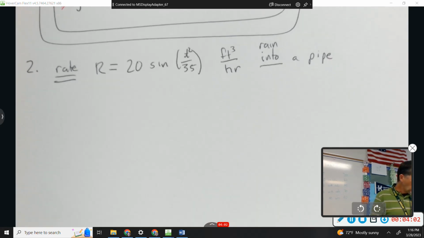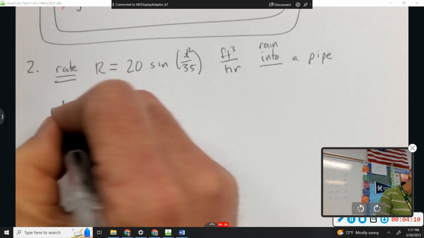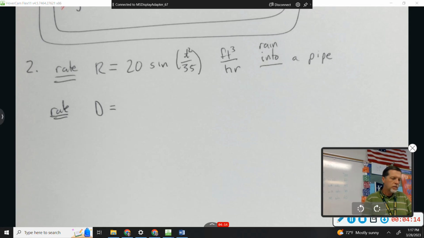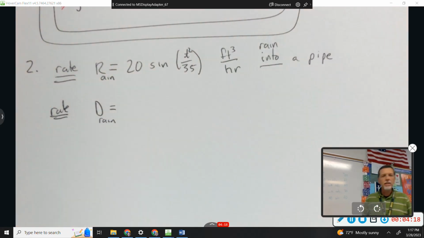The pipe is partially blocked, allowing water to drain out the other end of the pipe at a rate modeled by, so another rate, but this one's drain. So I don't know if they mean R for rain and D for drain. Oh, that rhymes. But one of them's going in, one of them's going out. So we'd be careful about that.